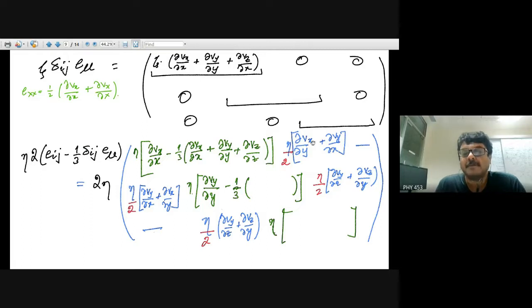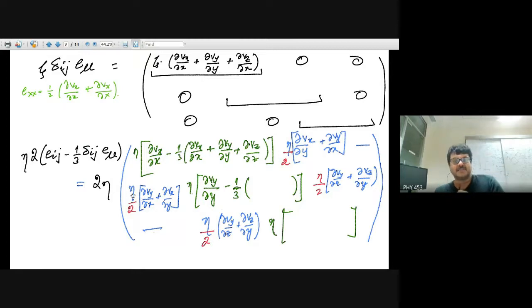Similarly, sigma xy equal to sigma yx. Here I didn't have space to write sigma xz and sigma zx, right? But you can guess what the terms will be.